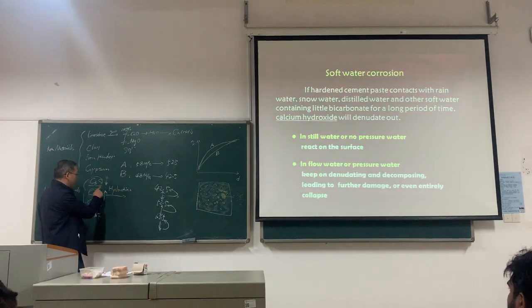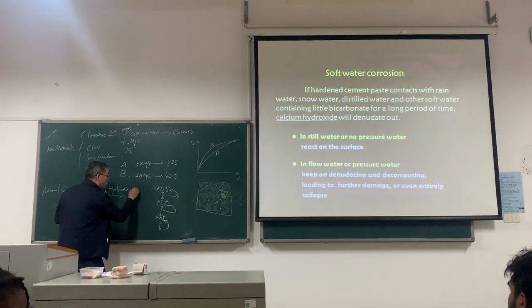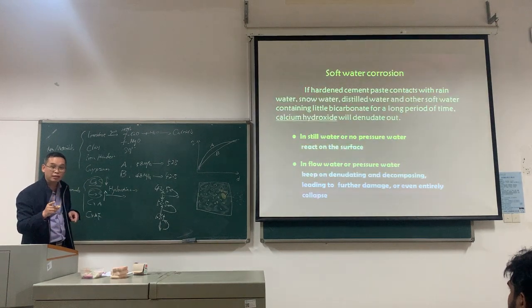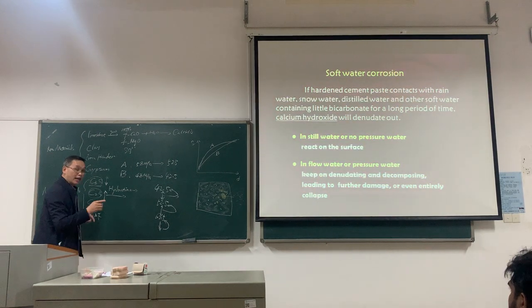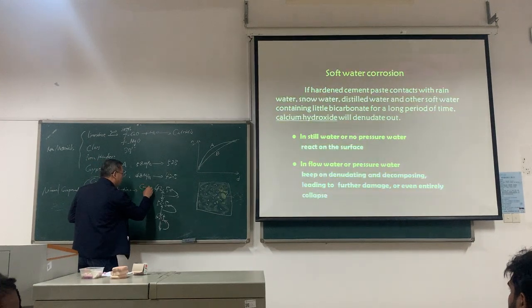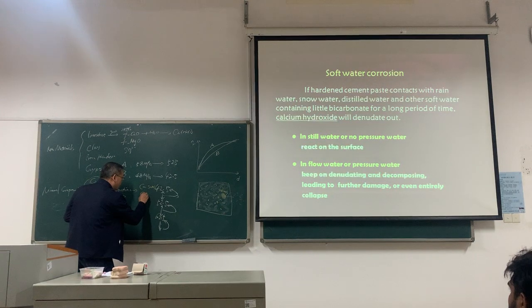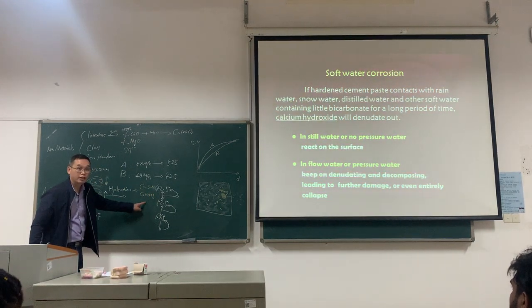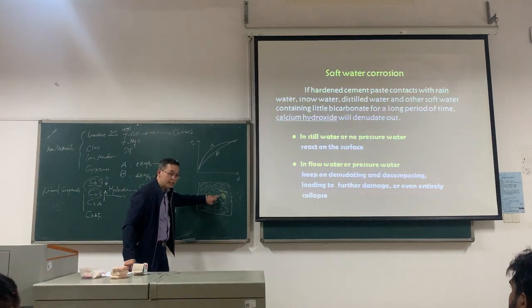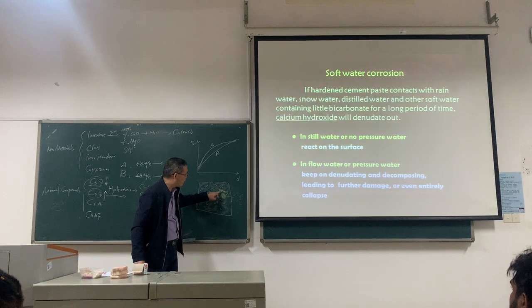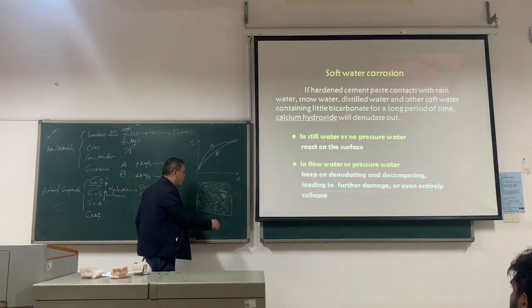After the hydration of these two, what kind of reaction products can we get? One is this one, another one is calcium hydroxide. So in the structure of hardened cement paste, the calcium hydroxide will dissolve into the water.